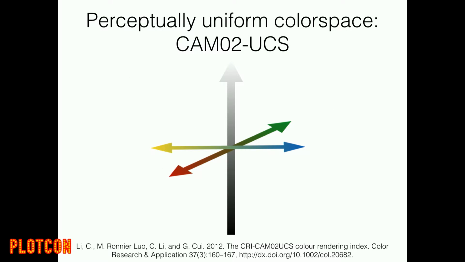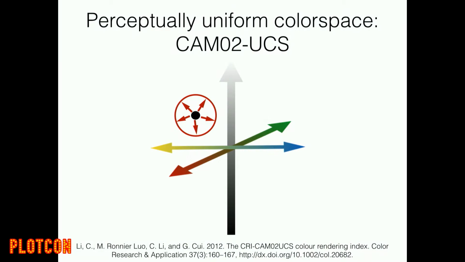I'm going to tell you a little bit more about a perceptually uniform color space. The 3 dimensions that make up this color space are lightness, so black to white, the scale of red to green, and the amount of yellow to blue in your color.